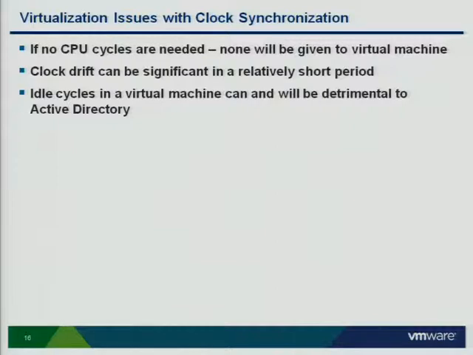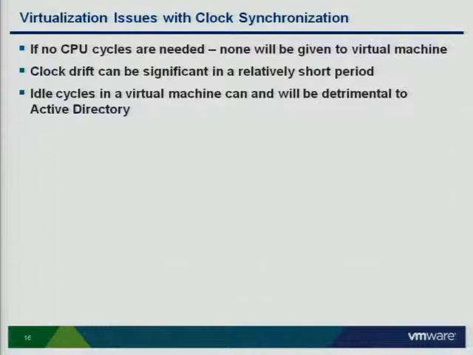And once it's got that clock cycle synchronization mechanism in place, it processes timer ticks on a regular basis. Timer ticks are what keeps the clock going and keeps it synchronized. If you've got a whole bunch of virtual machines running on a hypervisor, and you've got some domain controllers that aren't in the immediate need for CPU cycles, or you've got another VM that's currently munching up every cycle on that physical box, what happens to the virtual machine, if it's not getting cycles, is it's not processing the timer ticks.